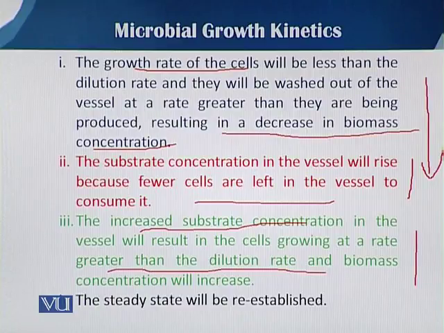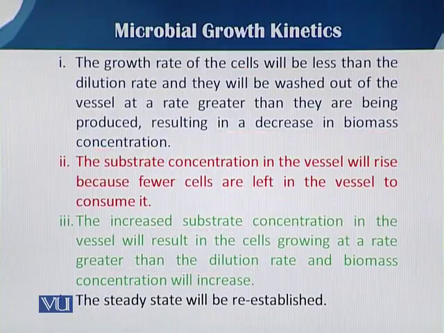In the fourth situation, we can say that the steady state will be re-established. So these are the 4 possibilities that can happen when there is a change in the steady state. In a continuous culture, the re-establishment of the steady state will always happen.